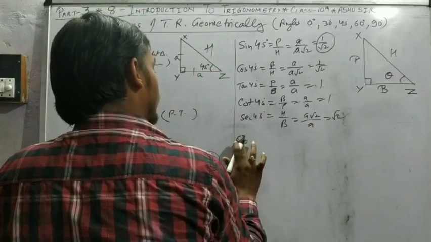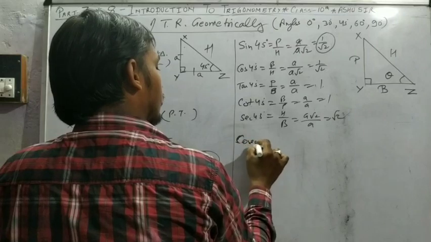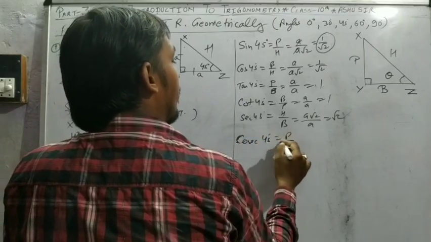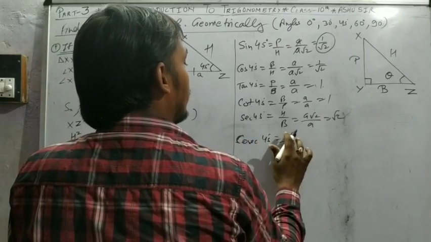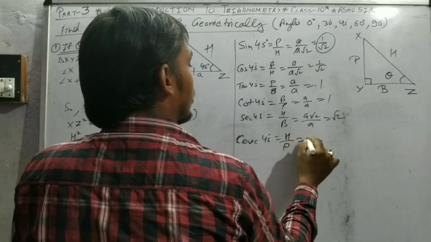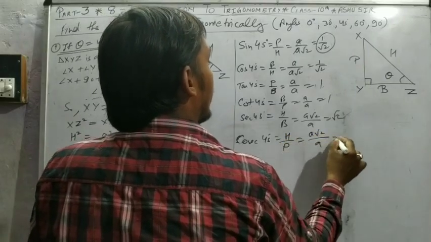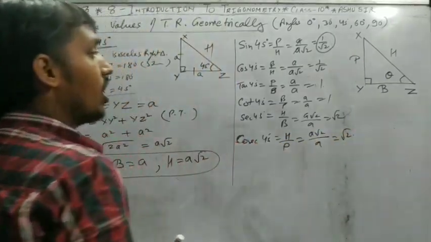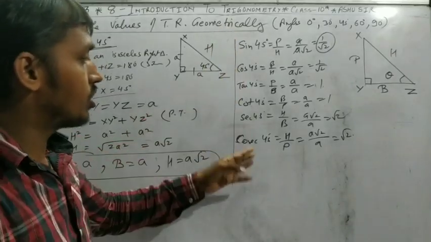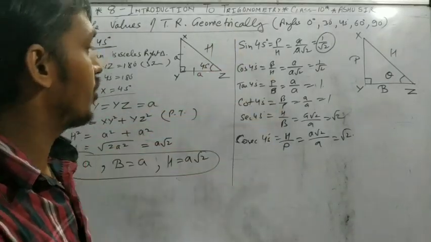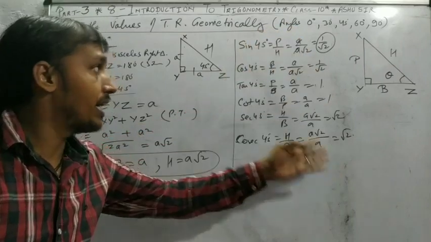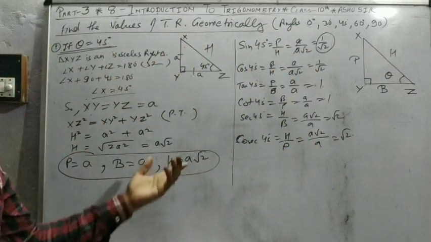Cosec 45 is h by p, a root 2 by a, root 2. So those are the six trigonometrical values at 45 degrees, found geometrically. Pause the video, note down.